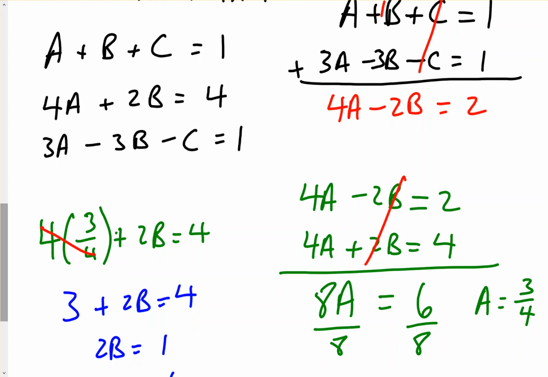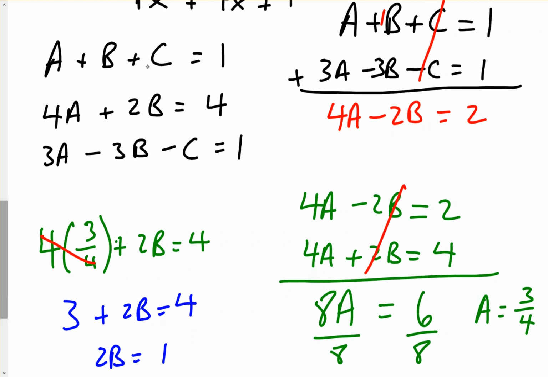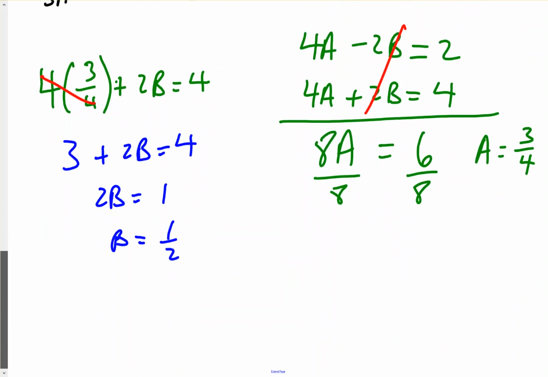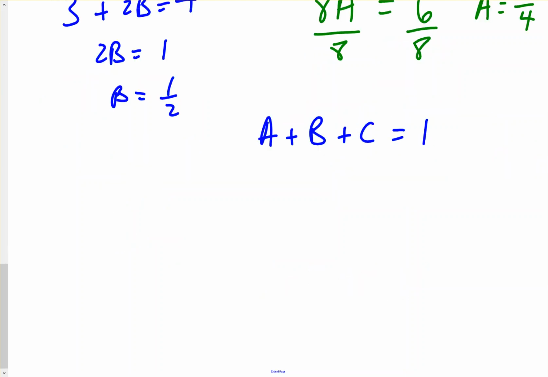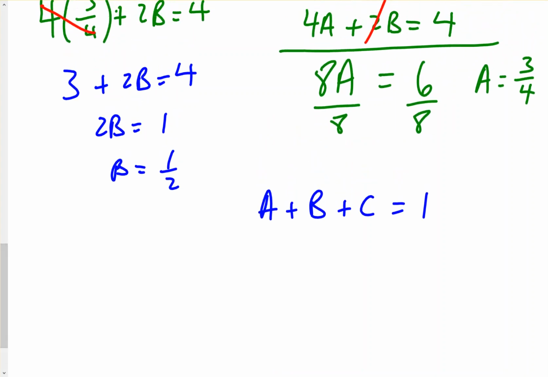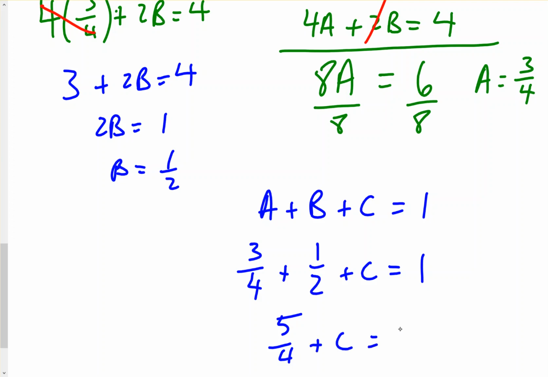Okay, so we could go back into the top equation. a plus b plus c equals 1. So a is 3/4, b is 1/2, c equals 1. Okay, 2/4 is b, 2/4 and 3/4 is 5/4. So we have 5/4 plus c equals 1.